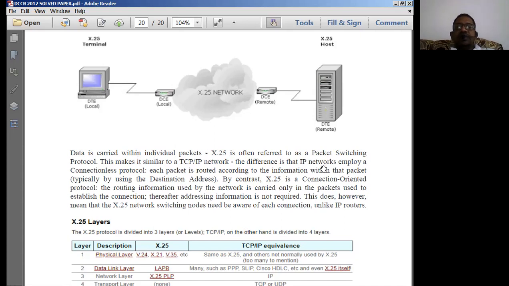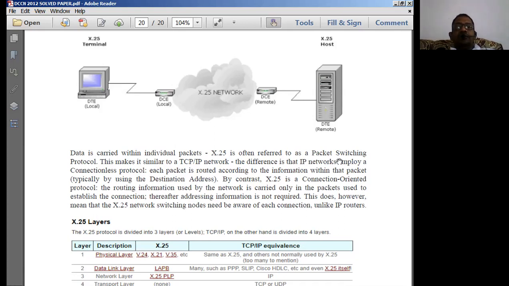The difference between TCP/IP and X.25 is that Internet Protocol networks employ a connectionless protocol. In TCP/IP, each packet is routed according to the information within that packet, typically using the destination address.